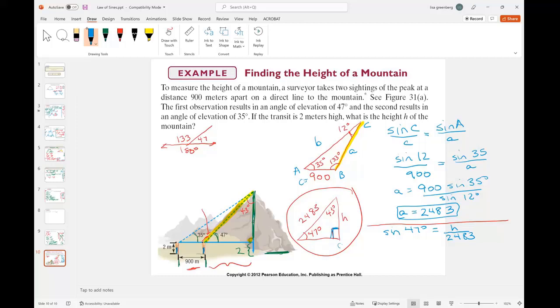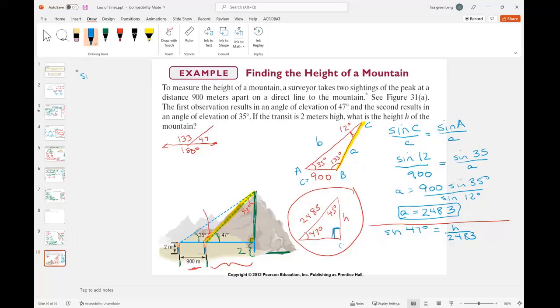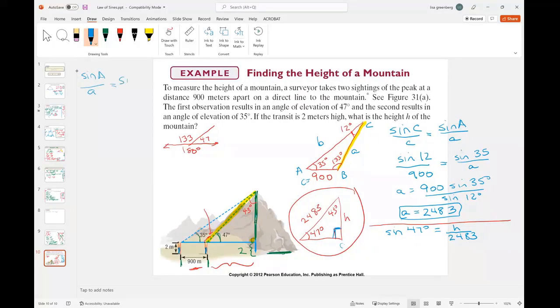That is one. So if I have sine of A over A equals, just for example, sine of B over B, I can also flip them, right?